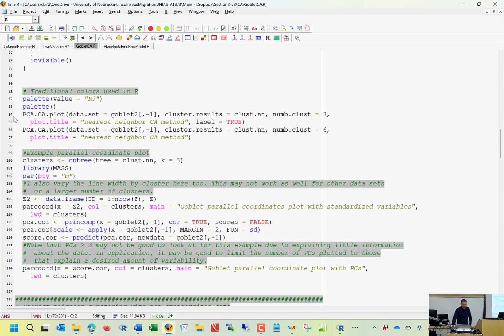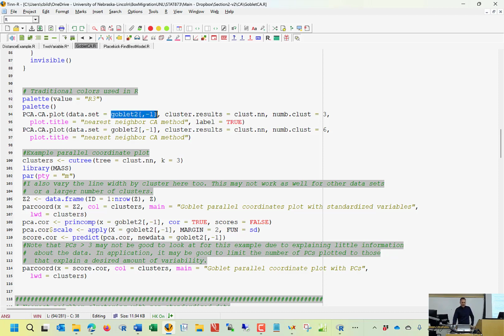Okay, so to run this function, I first specify where my data is. My data is in goblet 2. This function will automatically find the standardized values. I'm sorry, let me back up a second.